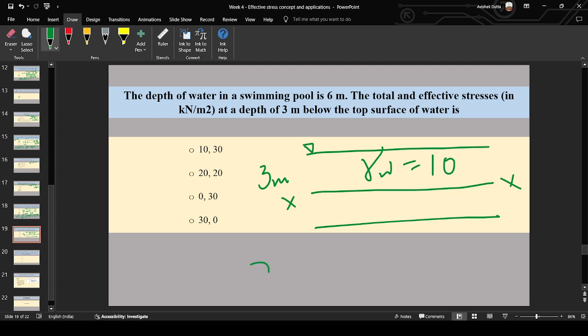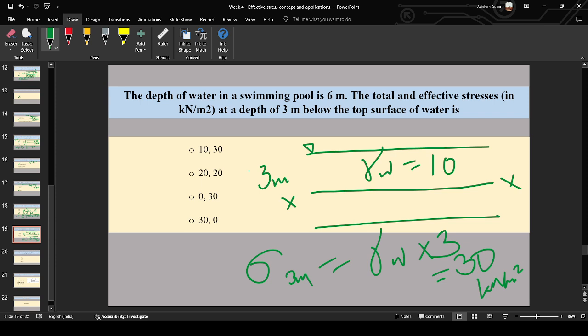So total stress at 3 meter depth equals gamma W into 3, 10 into 3, that is 30. So 30 kilonewton per meter square is the total stress at a depth of 3 meter from the top surface of water.